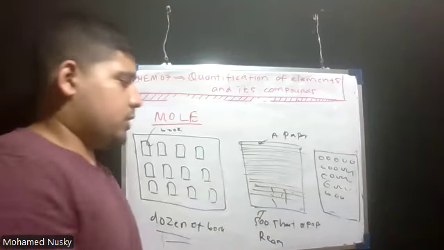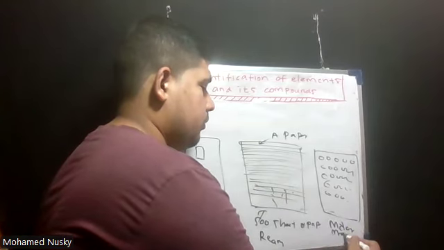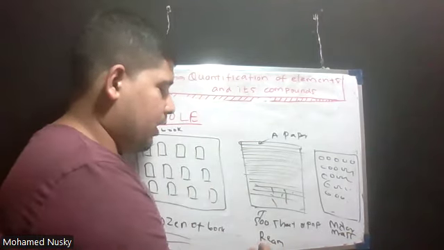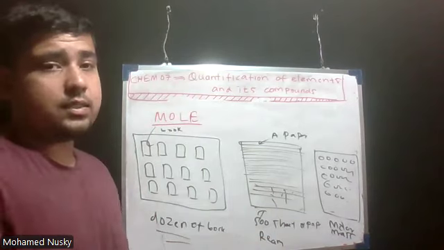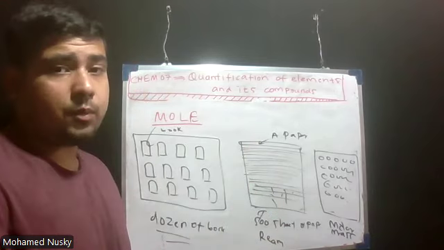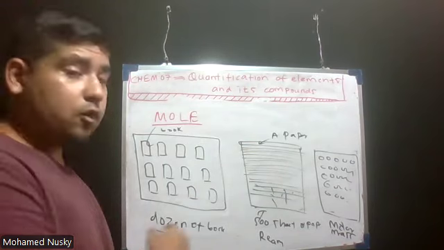That term is known as molar mass. Now when can I say there is a ream of paper? When there are 500 sheets of paper. Likewise, when can I say there is a dozen of books?